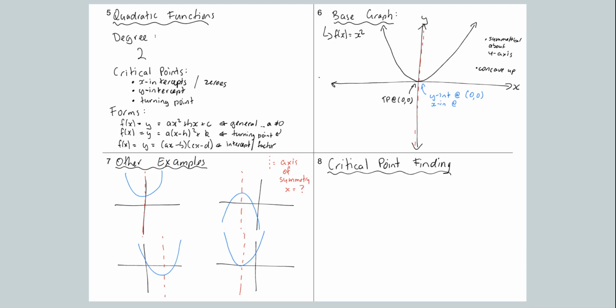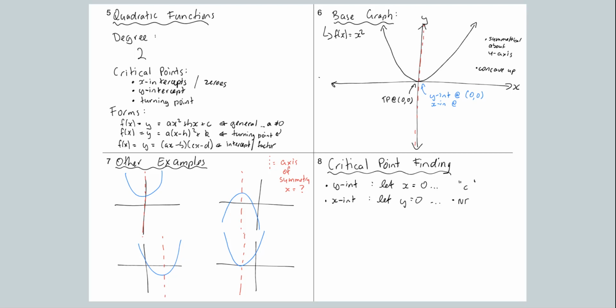Okay, critical point finding. So you've got just the usual things really. You've got the y-intercept, that x equals 0. So it's the value c if you've got it. The x-intercept is where you let y equals 0. So you've got a whole bunch of properties from last video, from the last unit of algebra, that allowed you to work out what the value of x is when y is equal to 0.